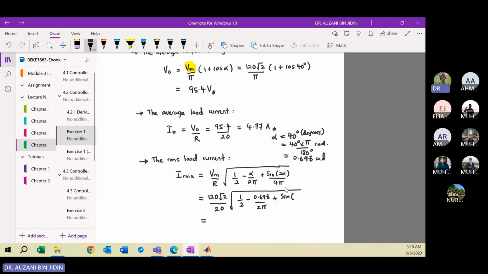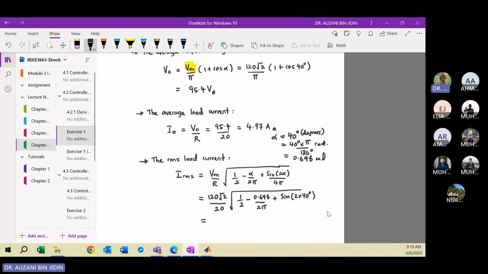This one also you need to be careful. Make sure you set the right mode in your calculator, radian or degrees. If you set it in degrees, you need to put here 2 times 40 degrees. Based on your calculator setting, radian or degrees.